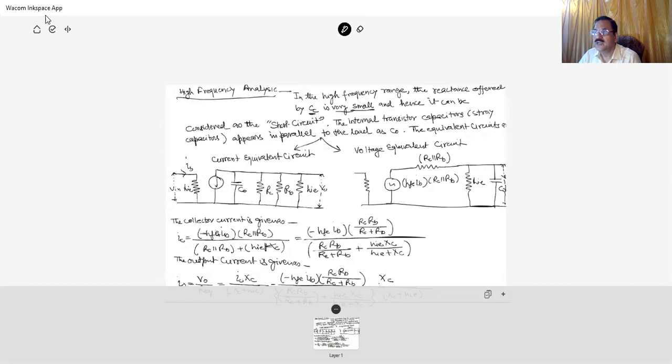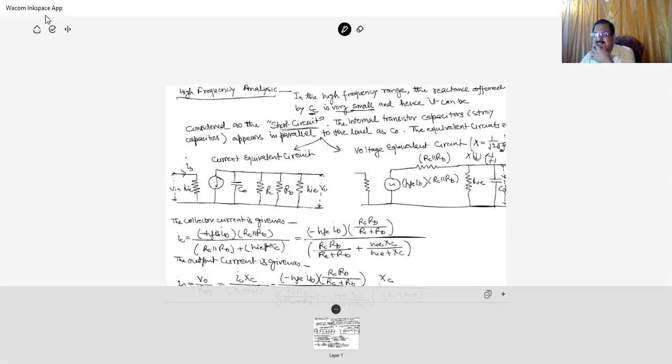X is equal to 1 upon j 2 pi fC, so if frequency f is increasing, X will decrease proportional to 1 by f. So it is like short circuited.